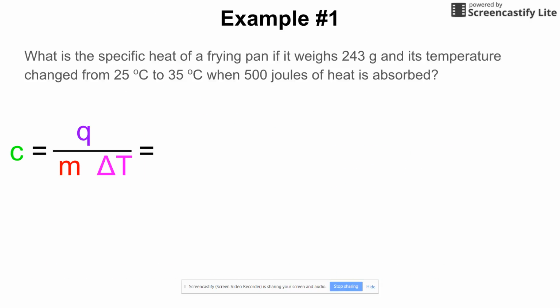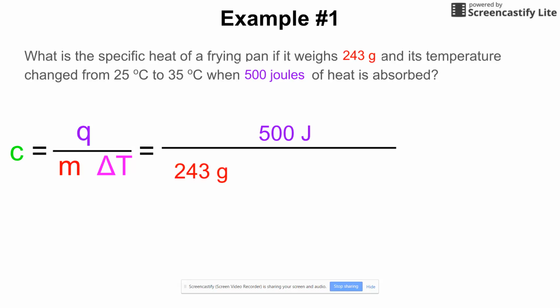Then you can plug all the numbers in at this point. Q is heat, so you look for where you're given heat: 500 joules. You're going to divide it by mass times delta T. Mass is 243 grams. For delta T, you have your final temperature, which is 35, and your initial temperature, which is 25, so you take the difference.